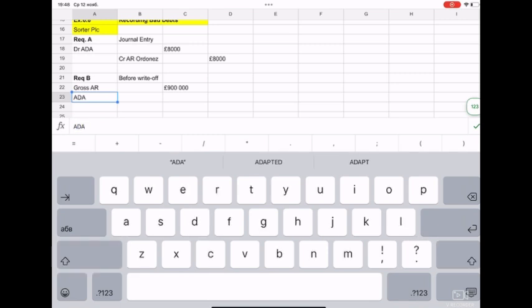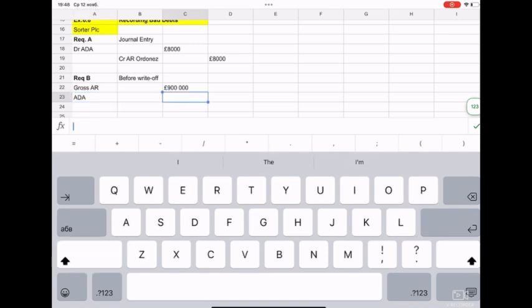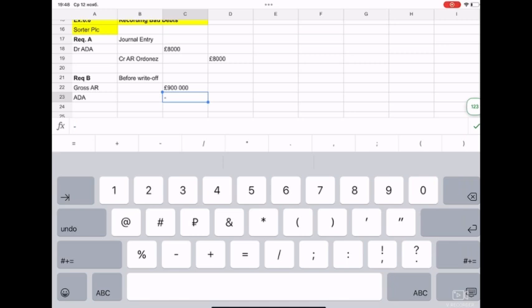I'm not doing it fast because I'm reading the information. And here the allowance.